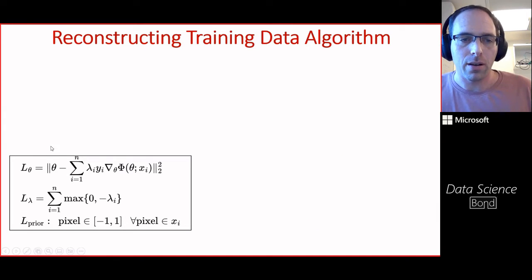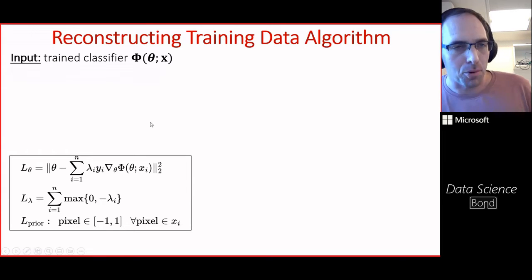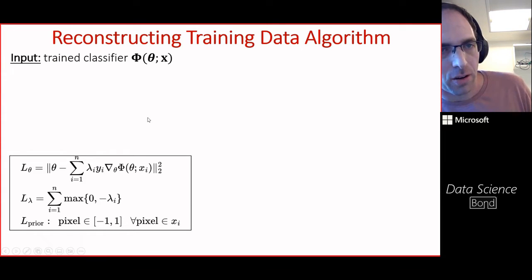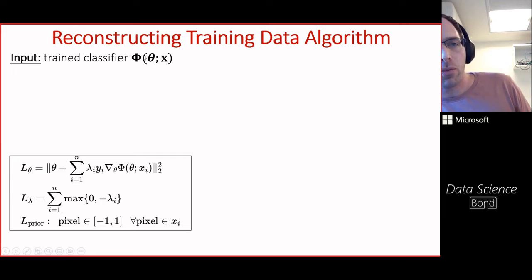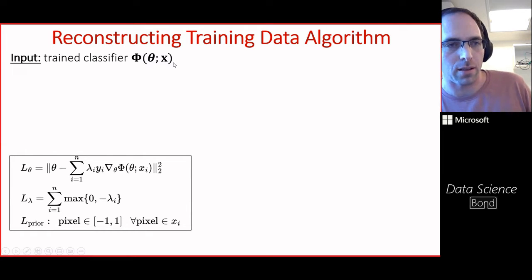Okay, so now we can look at the algorithm of our work. The input is going to be a trained binary classifier phi, with parameters theta, that acts on some x's. We want to find these x's that were used in the training set.